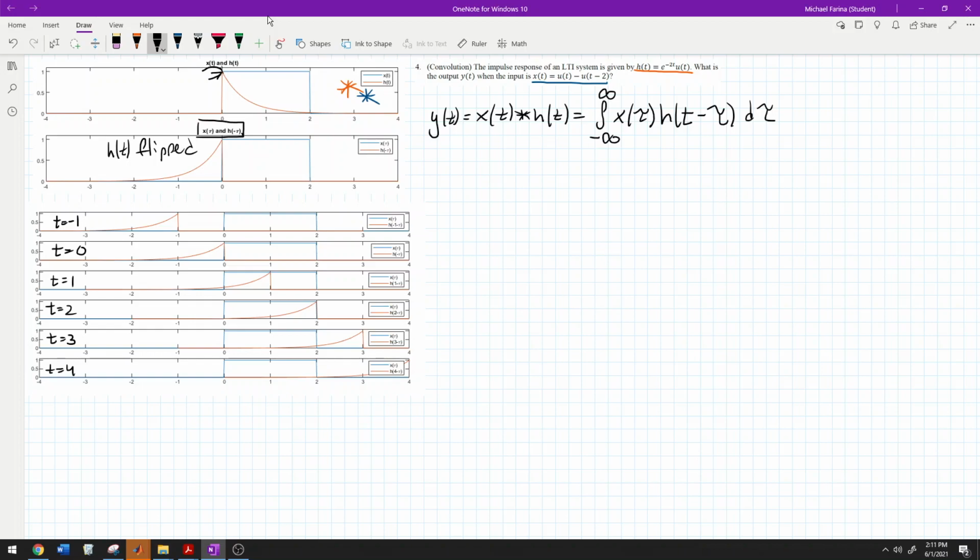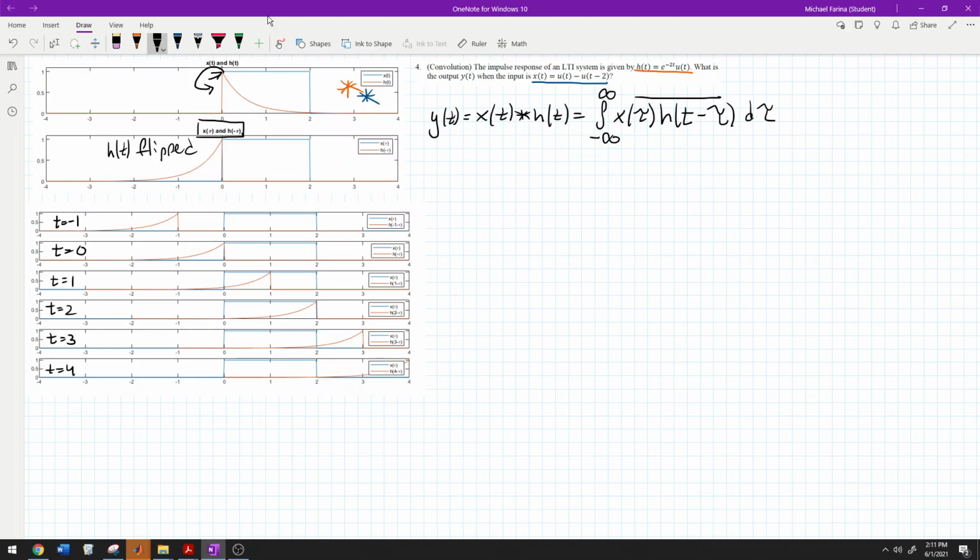And I understand we flipped h of t, but I just did that to keep in accordance with what the convolution integral looks like. But remember that this is also equal to h of t convolved with x of t. And these are just dummy variables, so we could switch the order if we wanted, and have h of tau times x of t minus tau. But we'll keep going as we are.